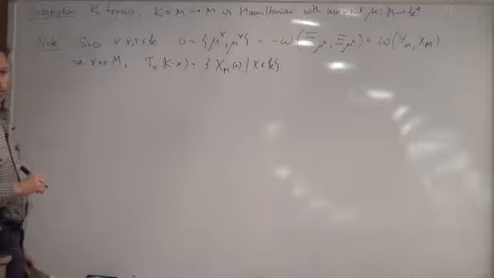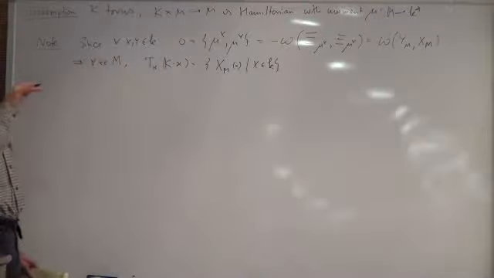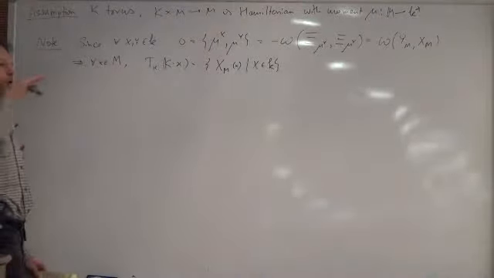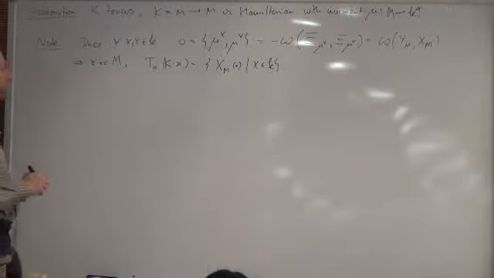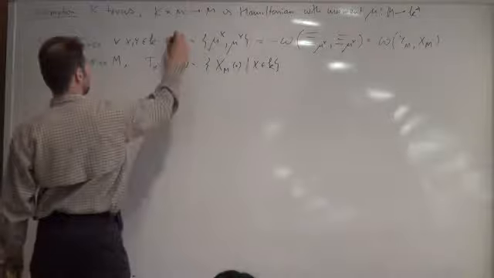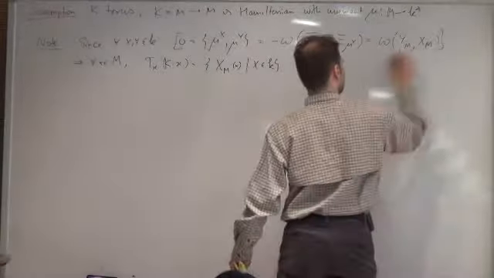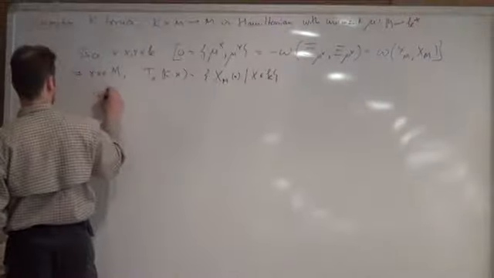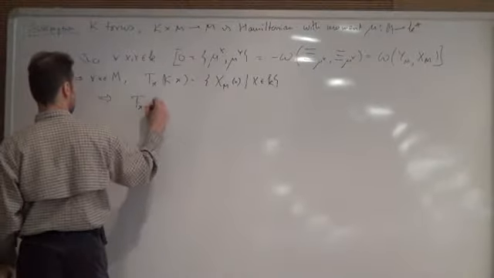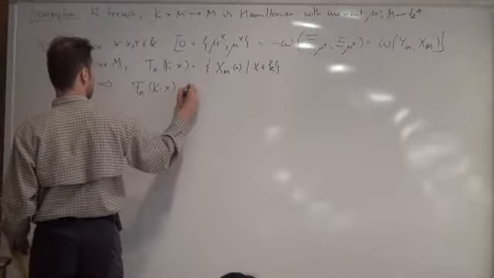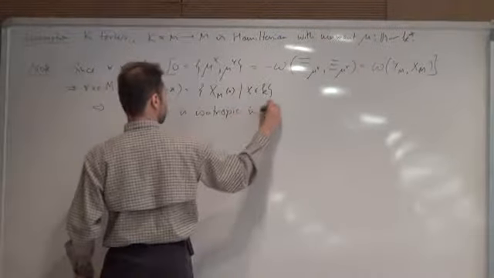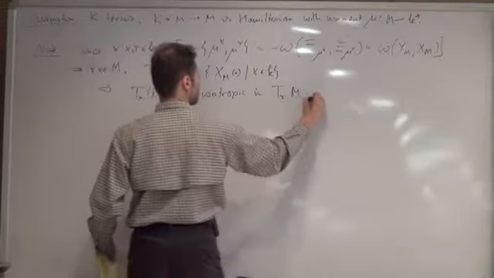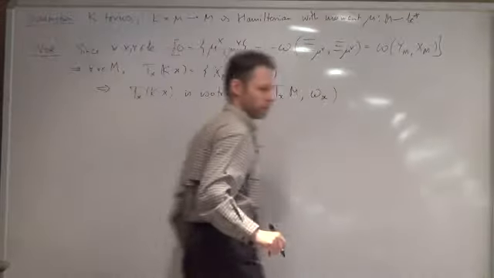Right? What's the tangent space to the orbit? You pick any direction in your Lie group and you move in that direction, and that gives you all possible directions in the orbit. So this equation tells you that this vector space is isotropic in the tangent space, in this symplectic vector space.